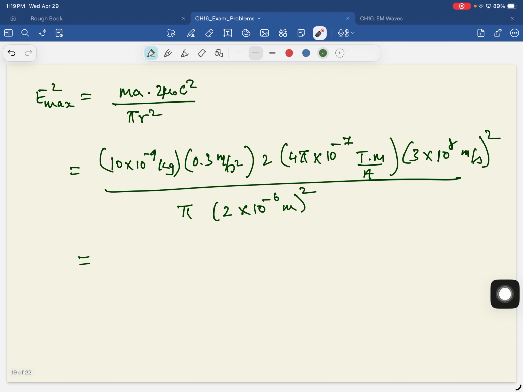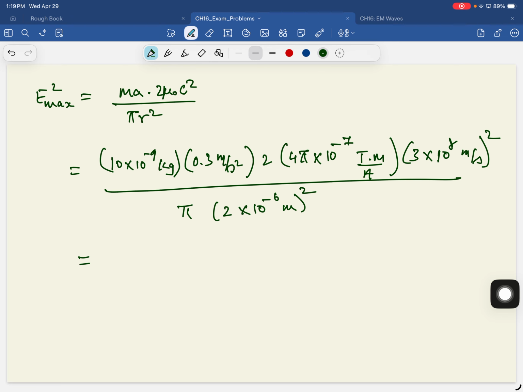All right, so this is 10 to the minus 12. Okay, let's take care of powers of 10. This is 10 to the minus 9, so that's 10 to the minus 16, and that's 10 to the 16, so that cancels that. You get 10 to the minus 12, which will bring to the top.